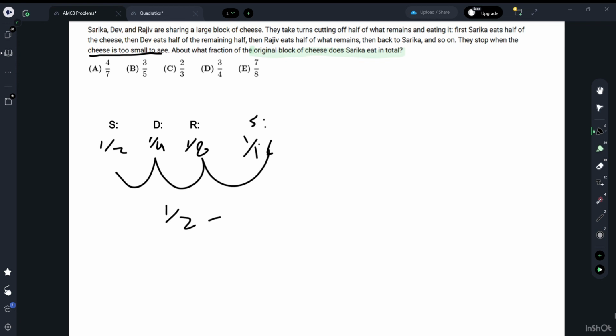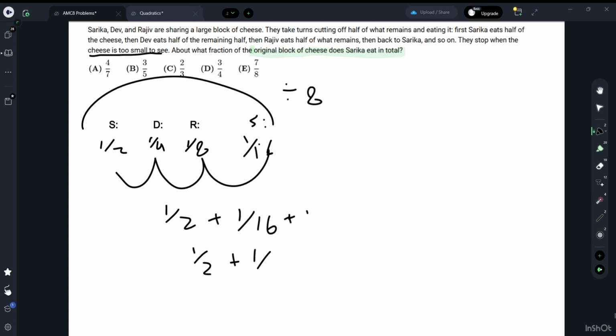So Sarika eats 1/2, then 1/16, then, well, let's see, what's a pattern here? Each time this is dividing by 8. So this is 1/2, this is 1/2^4, and the next one is 1/2^7, and then 1/2^10, and so on forever.